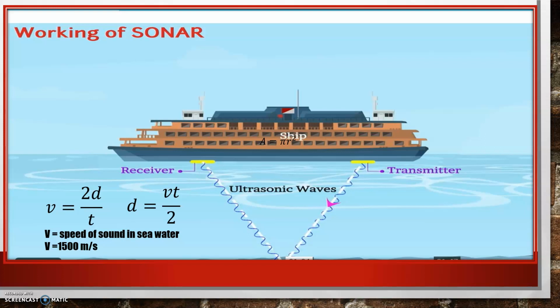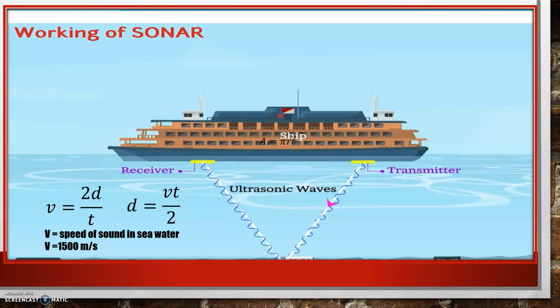This is an important technique, students, and see here what happens. In sonar, wherever you want to find out the depth of the sea, a ship goes there and transmits the signals. Now you see on the right side, the transmitter.